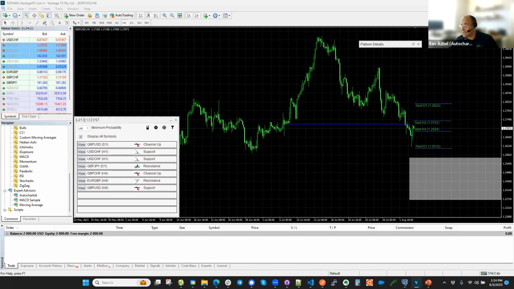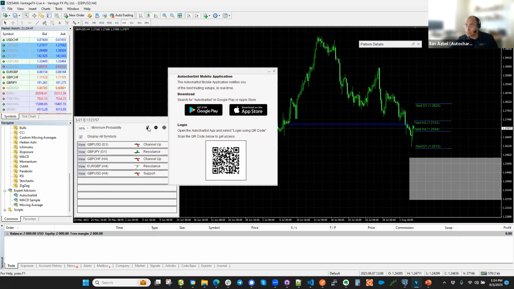But anyway, I also want to tell you that our favorite trade setups are also available in the Autochartist mobile application. If you click on this little cell phone icon and follow these instructions, you download it from the Google Play Store or the Apple Store.